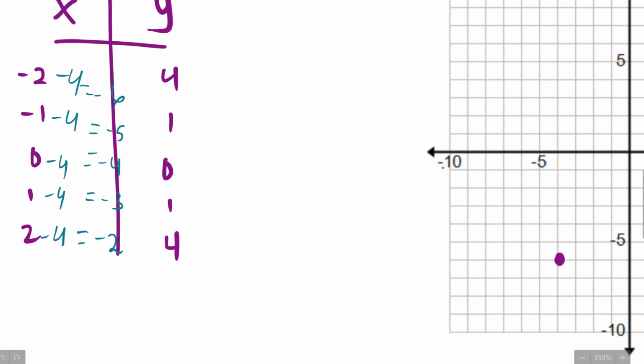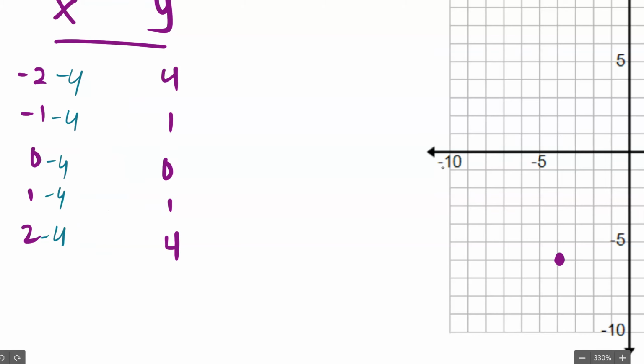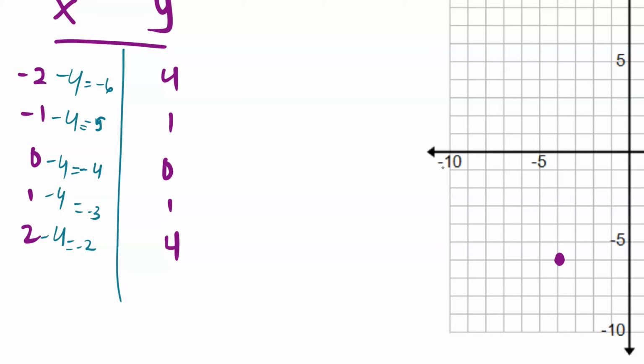Okay. -4, -3, -2. -6, -5, -4, -3, -2. Okay, so I have to reflect my y-axis before I subtract 6.